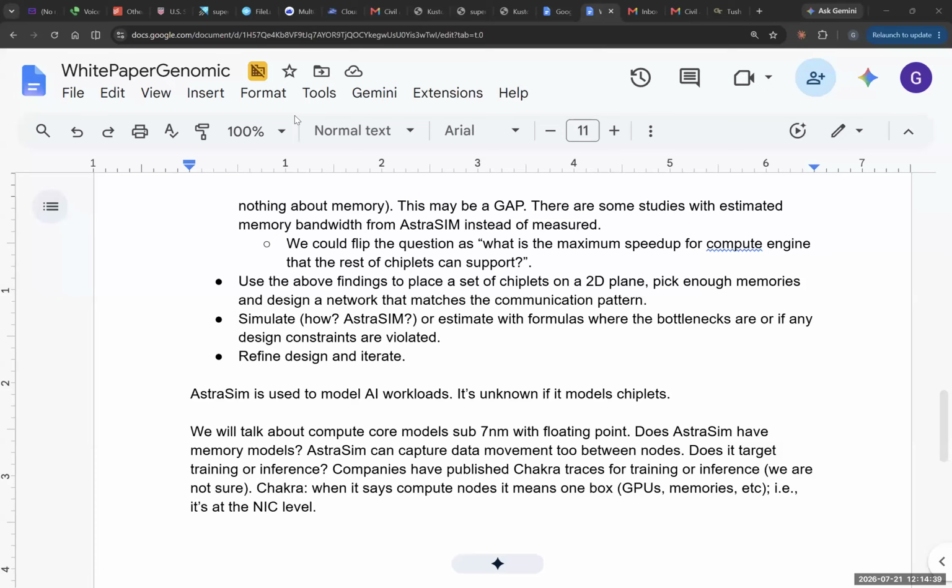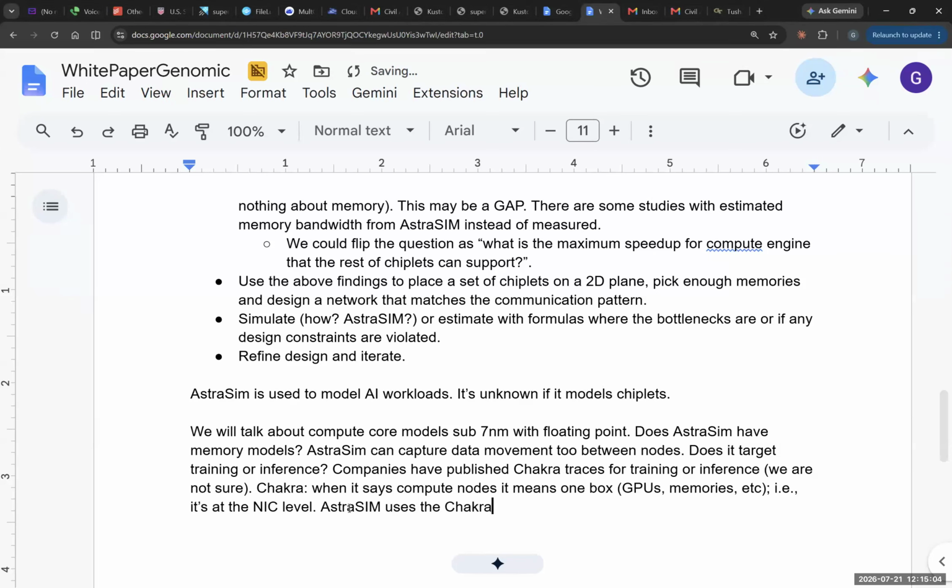If we build a hierarchy among our chiplets, maybe we can somehow translate that. But anyway, David, I think AstraSim uses the Chakra format. Yeah, it uses an input format, so you can see what the training does. Okay, let's assume we are talking about training, not inference.